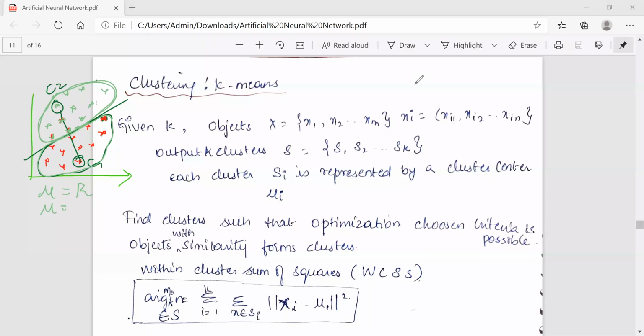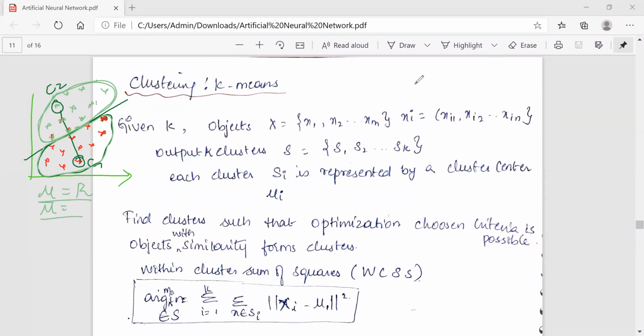I will again re-update my cluster center because there could be some other points that are very close to the cluster centers, or it is not correctly classifying that particular point. So I take the average of all of these points, the mu value. Now my mu will tell me the centroid because I'm taking the average of all of these values, right?